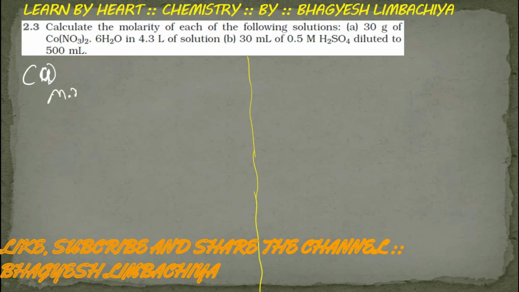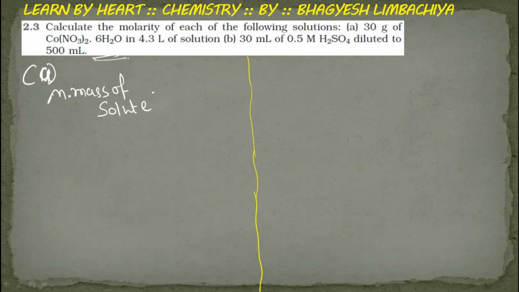So first of all, the molar mass of the solute, that is Co(NO3)2·6H2O. This 6H2O is crystal water.